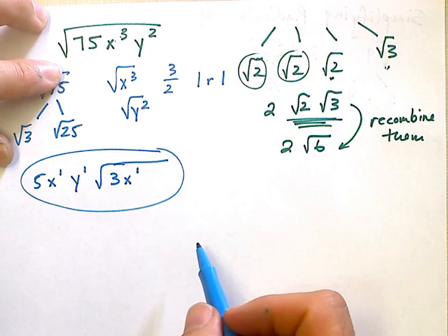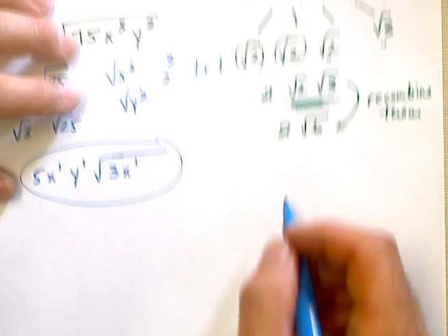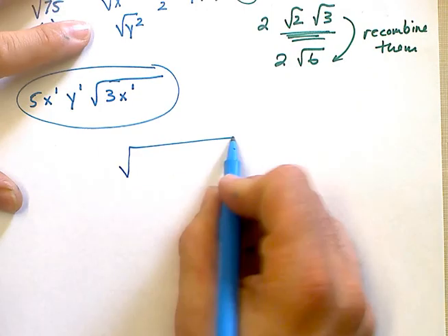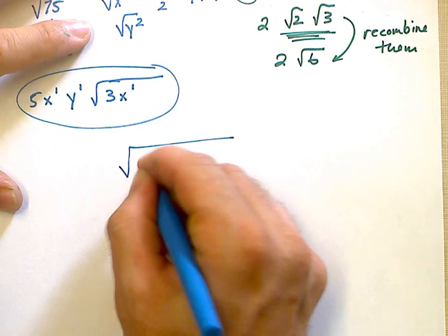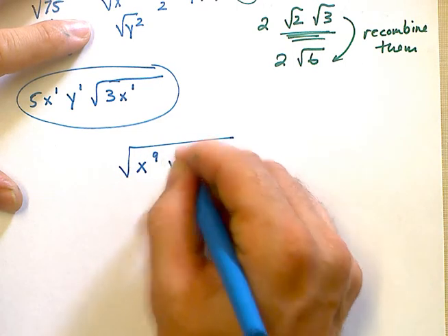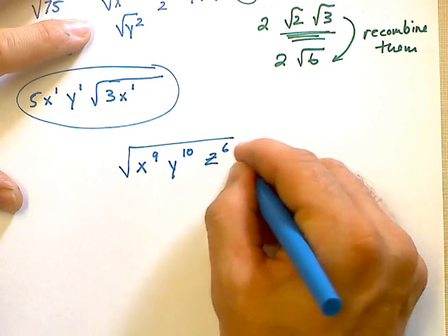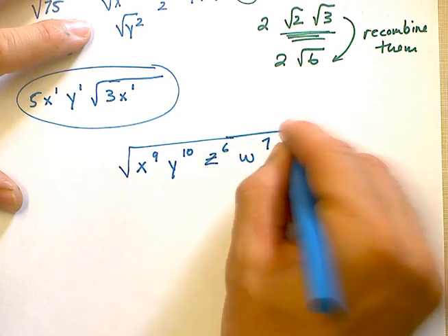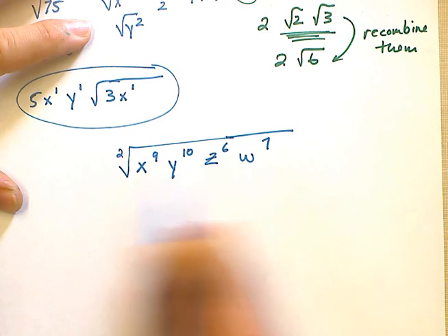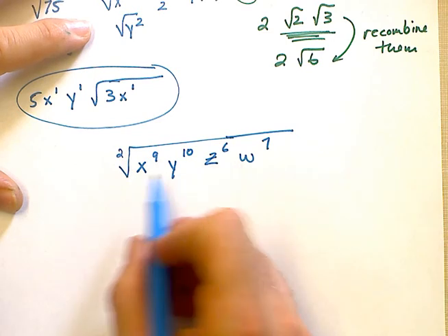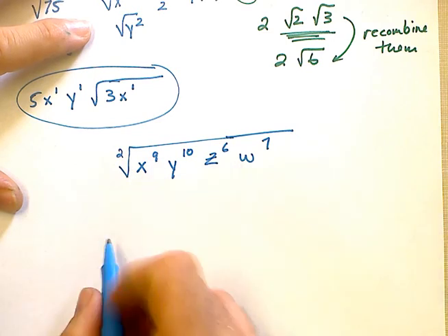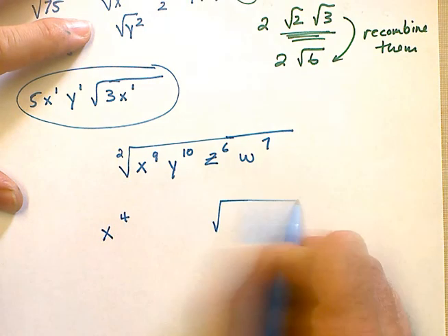But let's say you end up with a question that has bigger variable numbers, like x to the 9, y to the 10, and let's use a z to the 6, let's use a w to the 7. And I'm trying to simplify these variables as a radical. Well, 9 divided by 2 is 4 with a remainder of 1.